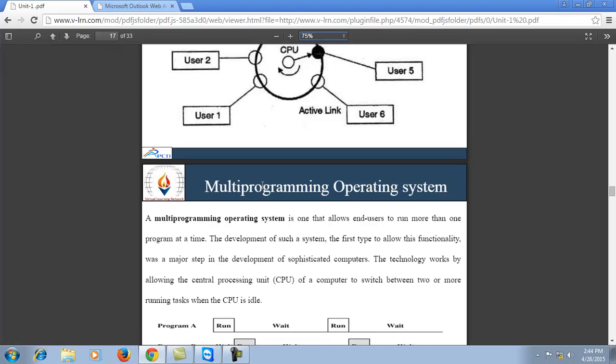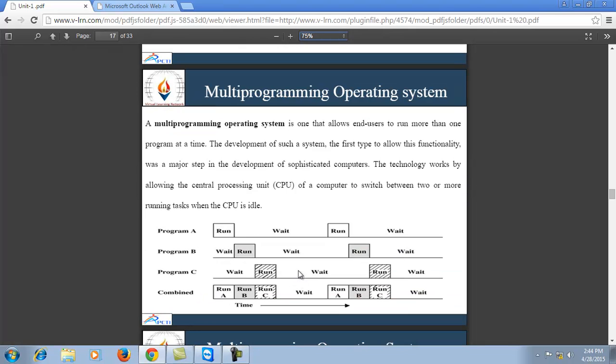Now, the multi-programming operating system. A multi-programming operating system is one that allows an end user to run more than one program at a time. Like a single user running a number of programs: program A runs, then there is a waiting process, some waiting time, then it runs, and then waits again.